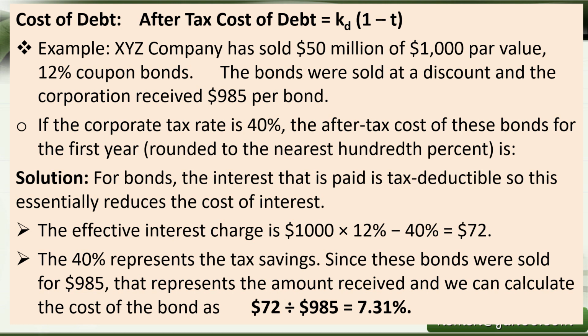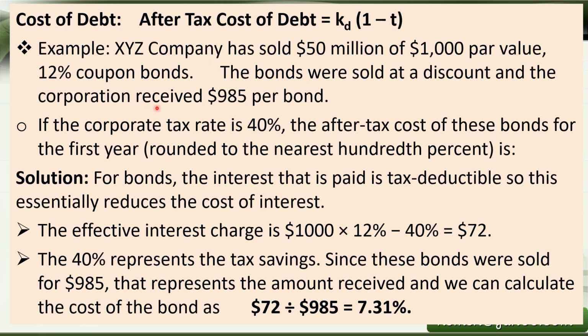So the 40% represents the tax savings. Since these bonds were sold for 985, because this is the bonds selling rate, in order to calculate the cost of the bond, you have to divide 72 by $985 in order to get the rate of cost as a percentage value. Because this $72 is actually paid for the $985 that the company receives.